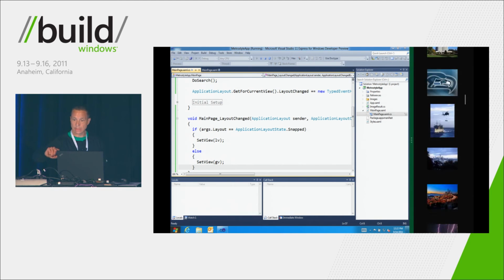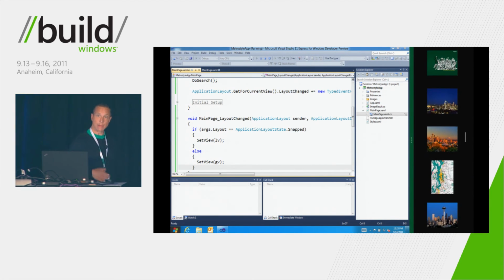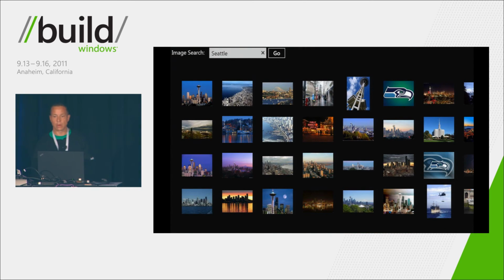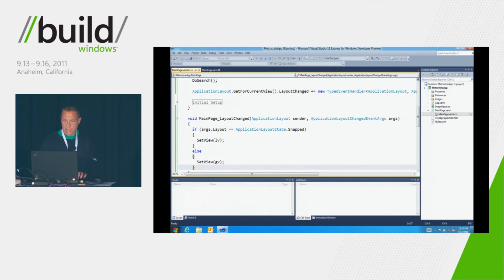Now I have, really simply, the exact same data template that I showed originally for that list box, and I'm now using it right here in my vertically oriented view. I'll go back and click, and now I'm back to my normal view. So real simple. Shift F5.